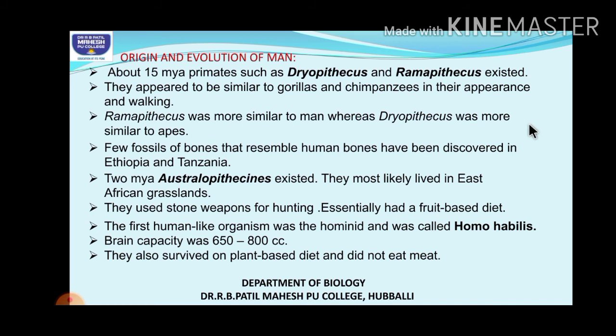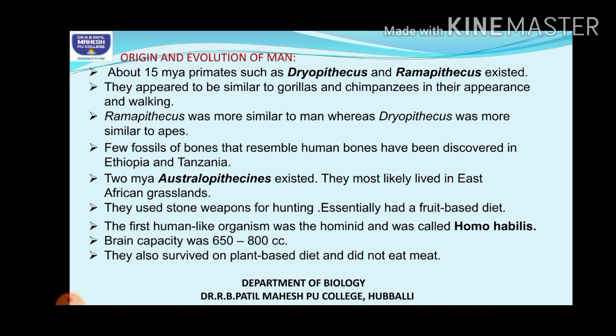So in all of these, mainly what you have to remember is in which period these apes were present. Then for some they have given their key features, their food habits, and their brain capacity. Those things you have to remember.